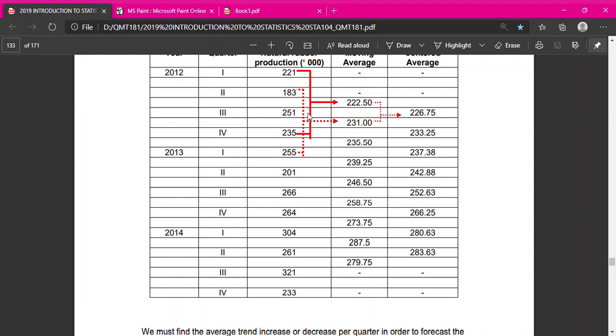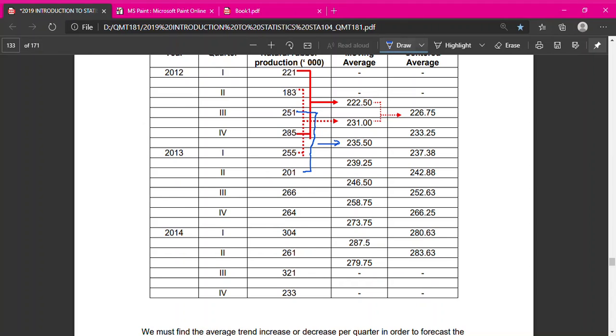Then do it again for the next data. We use these next 4: 183, 251, 235, 255. We take 4 again because it's a 4 period moving average. Find the average: add these 4 values, divide by 4, then put it here in the middle between 2 and 3. This is the value. Then move to the next value, which starts with 251, 235, 255 and 201, and the value goes here.